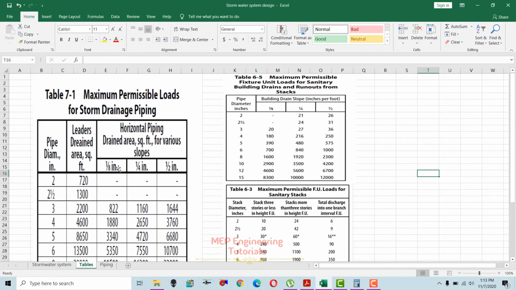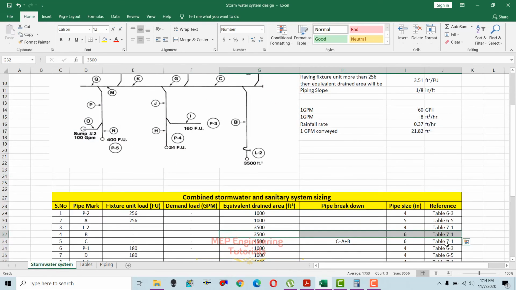Since we know our piping slope is 1/8 inch per foot, and 3500 is between 3340 and 5350, we'll go for the higher value, 5350. If you look to the left side, the pipe diameter is 6 inches. So that's how we got the 6-inch pipe size for section B.